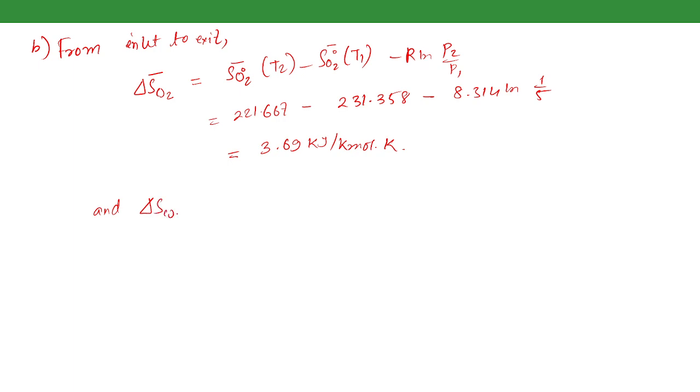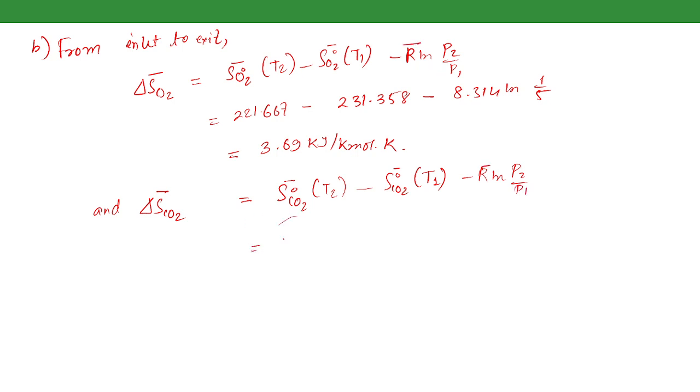And delta S of carbon dioxide, the specific molar entropy change of carbon dioxide, is S carbon dioxide not bar at T2 minus S carbon dioxide not bar at T1 minus R ln of P2 by P1. These are also universal gas constants.